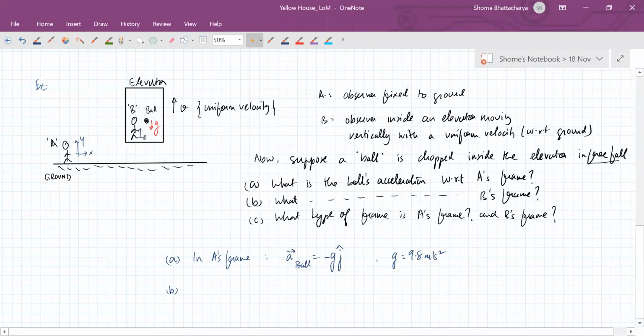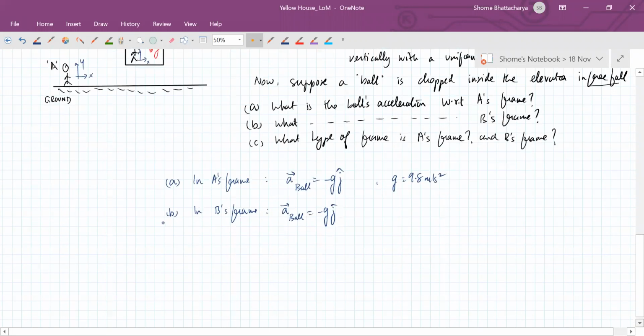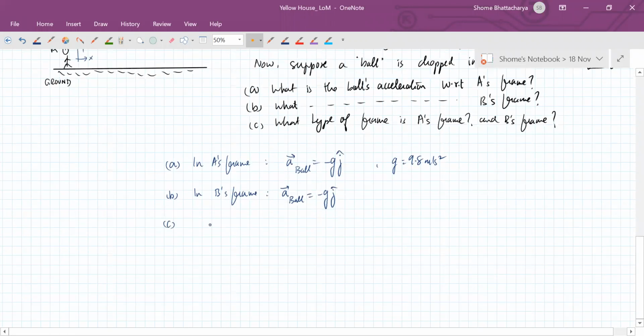When we are in B's frame also, it is the same. It is minus g j cap, because both of them are inertial frames.